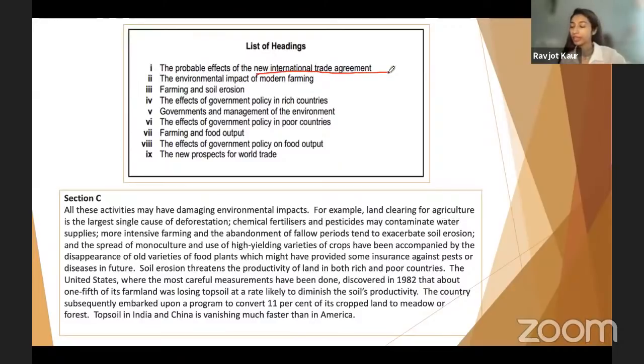We have to ask ourselves, just ask it as a question, or maybe you can say it as a complete sentence where the statement is given. Farming and soil erosion. Does it talk about soil erosion?